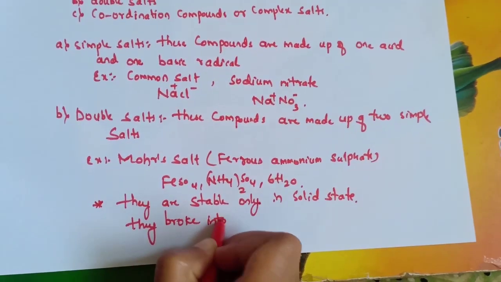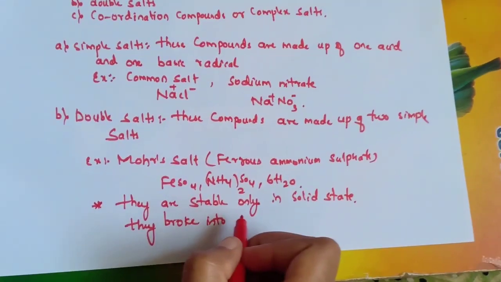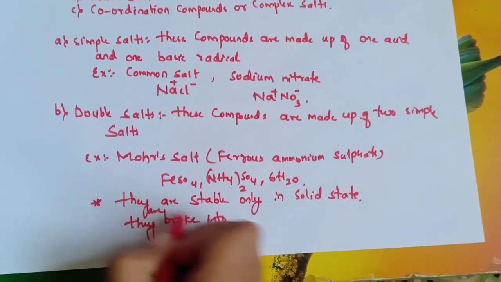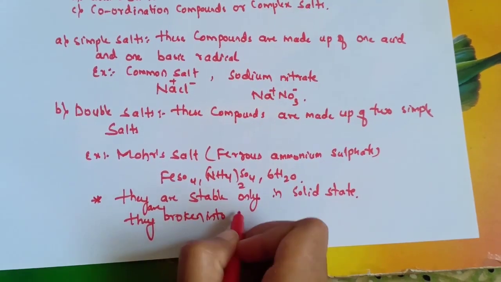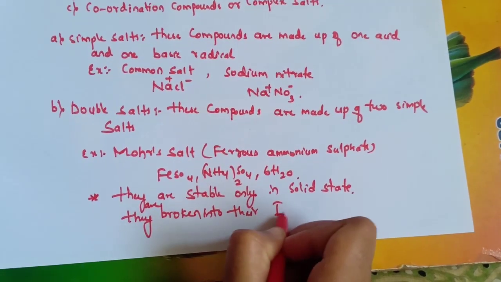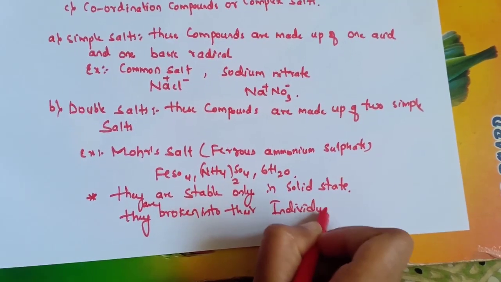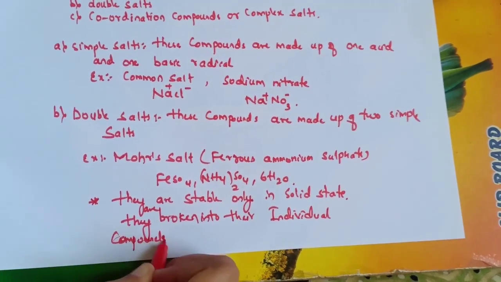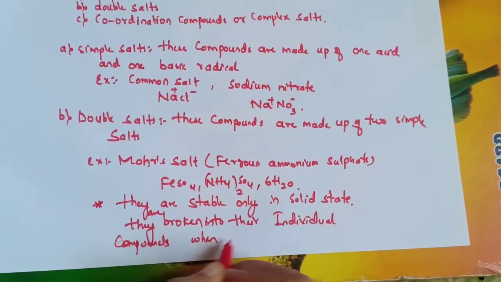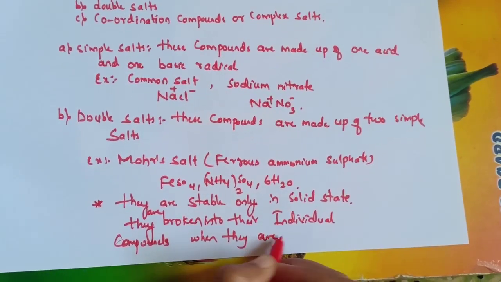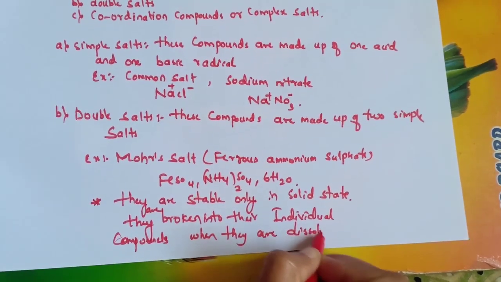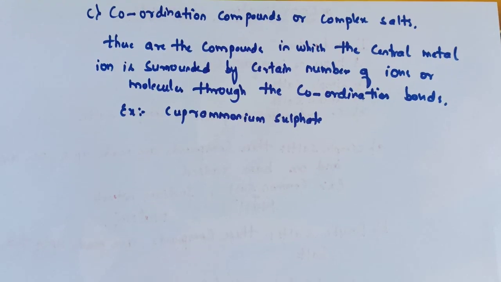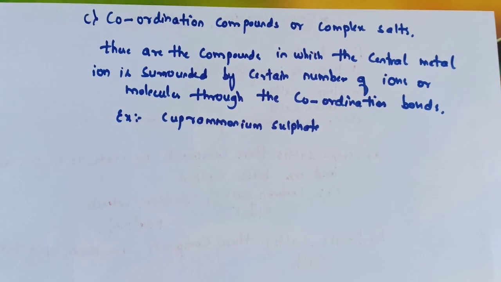They are broken into their individual compounds when they are dissolved in water. The third type of inorganic salt is coordination compounds or complex salts.